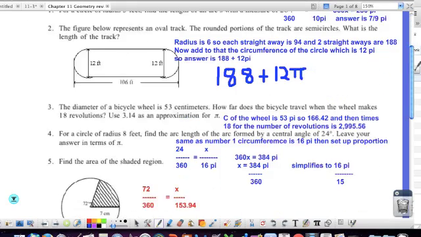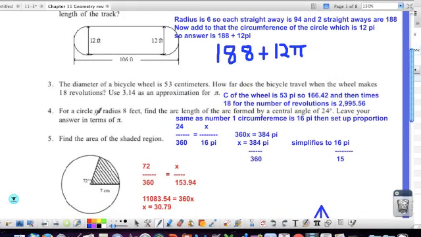For number 4, this is just like problem number 1, and in this one they tell you to leave it in terms of pi. So 24 is the central angle over 360 equals x, the arc length, over the circumference, which is 16 pi. When I cross multiply, 360 times x is 360x, and 24 times 16 is 384 pi.